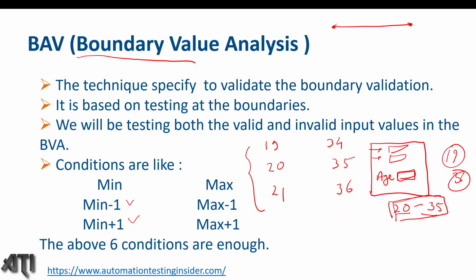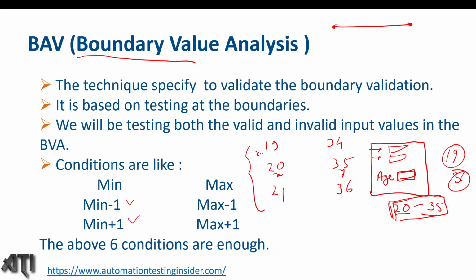So there is no need to test each and every value like 20, 21, 22, 23, 24, 25. We derive the test cases based on boundary values, based on these minimum and maximum values. These are the conditions: minimum -1, minimum, minimum +1, maximum -1, maximum, maximum +1. You can consider this as x and this as y.